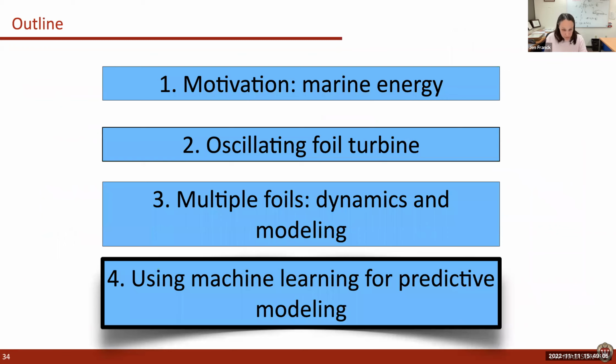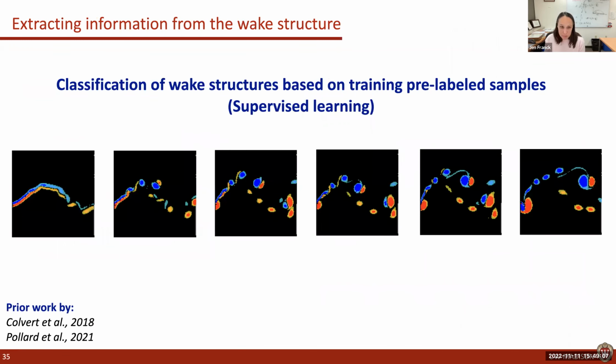Okay, so the last part of this talk, I wanted to talk about how we are applying some machine learning to learn more about the wake structures that emanate from the foil. So what you're looking at here is 6 different images of the wake between the two foils.